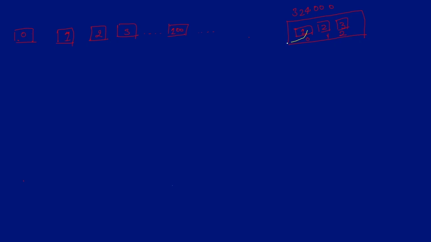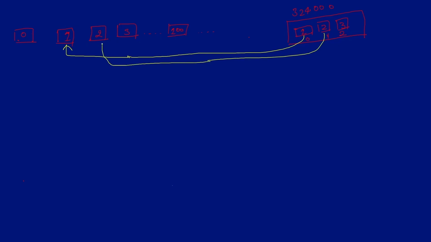This one is referring to this position 1, this 2 is referring to this position 2, this 3 is referring to this position 3. And inside the global environment we have this list numbers, and this list numbers is referring to this.